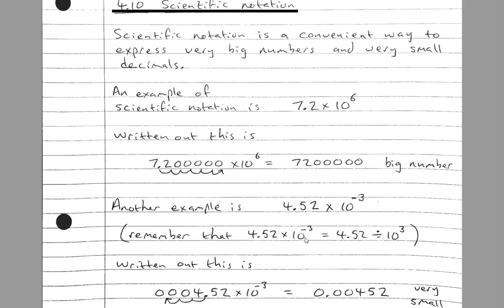So multiplying by 10 to the power negative 3, it's the same as multiplying by 1 over 10 to the power 3. So that's the same as dividing by 10 to the power 3. Yeah, that's confusing.